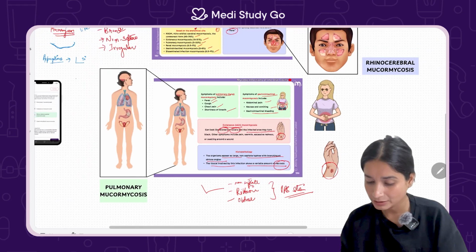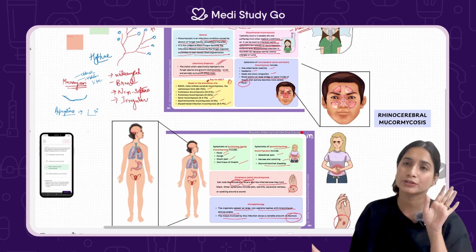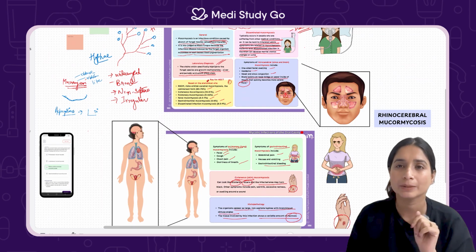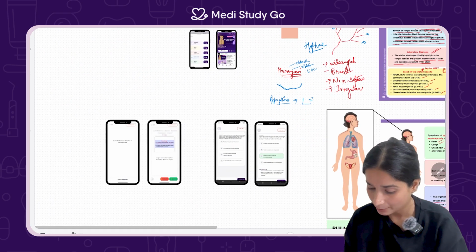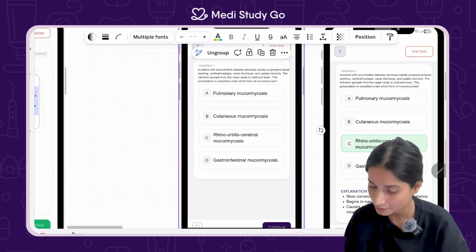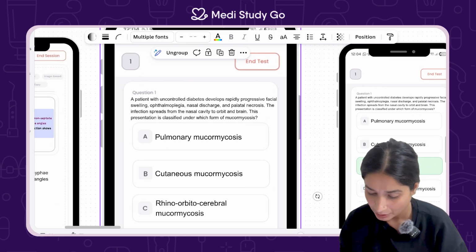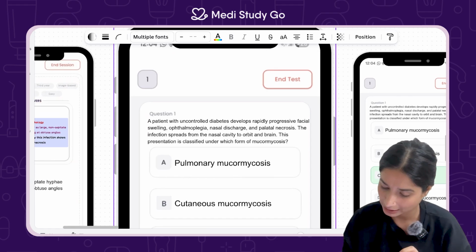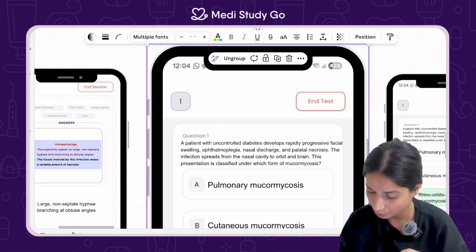So we have revised this whole mucormycosis chapter from this mind map book, Oral Pathology Mind Map, within 5 minutes. Let's study one important flashcard. A patient with uncontrolled diabetes develops rapidly progressive facial swelling, nasal discharge and palatal necrosis.